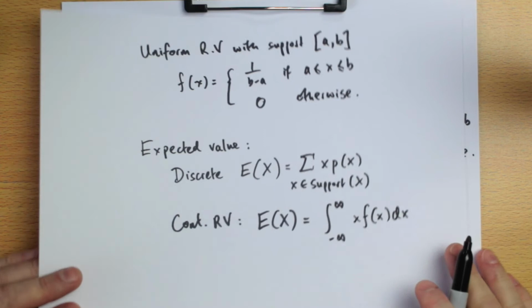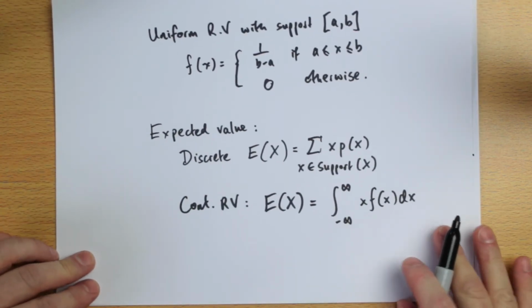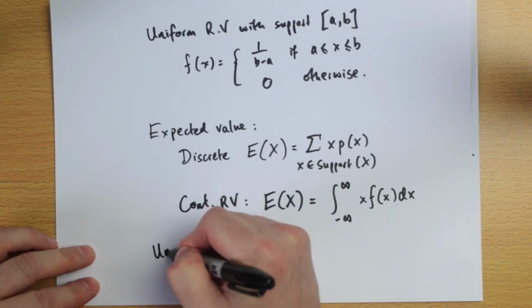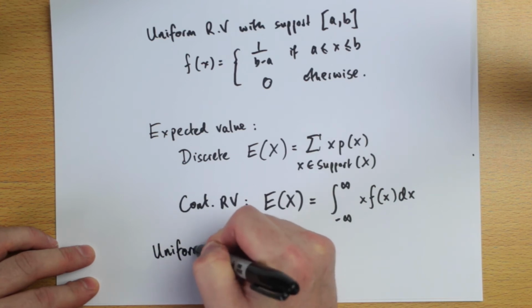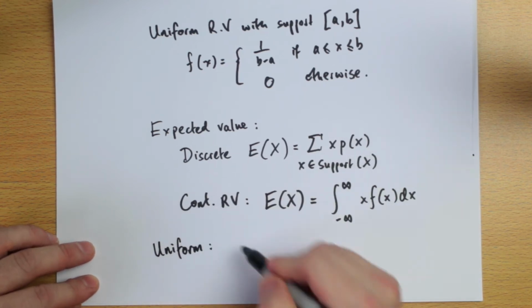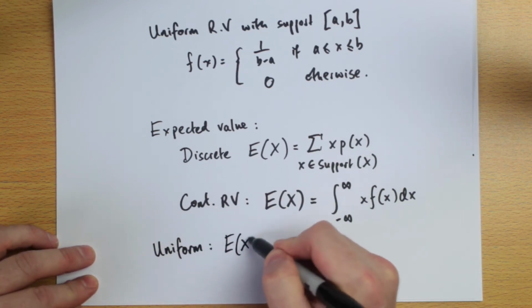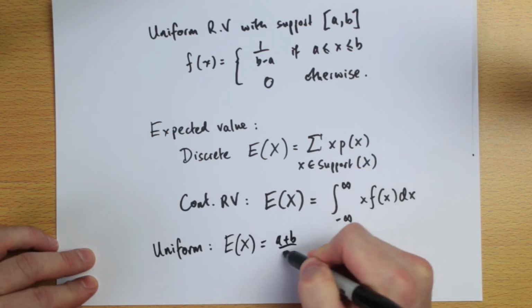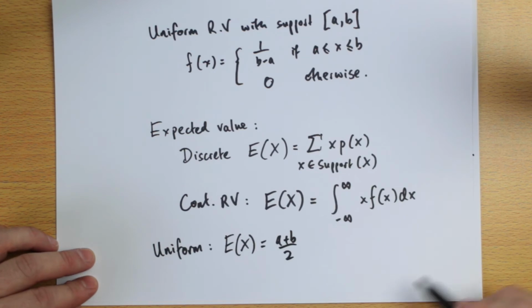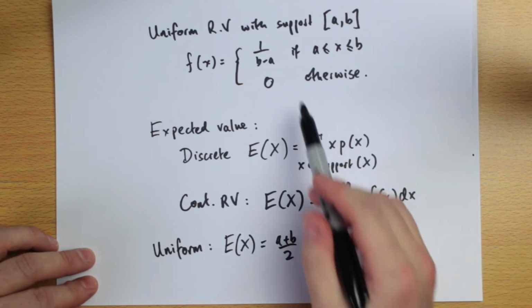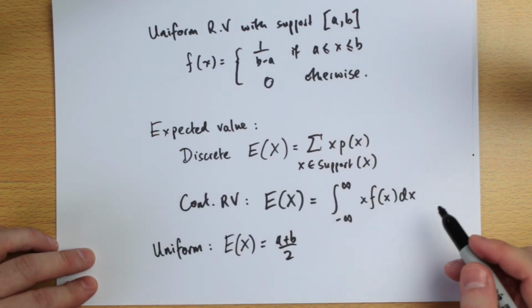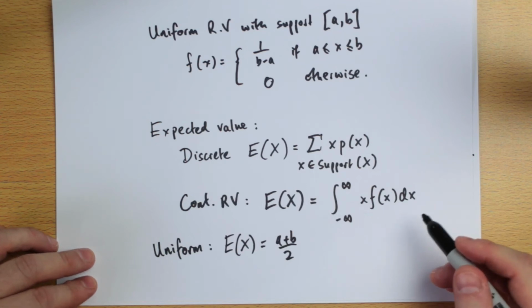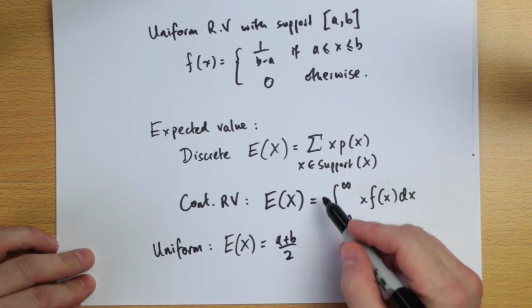For a uniform random variable, the expected value is just the middle of that interval, A plus B divided by 2. Now, you could prove this by integrating the density function if you like. That might be a nice exercise.